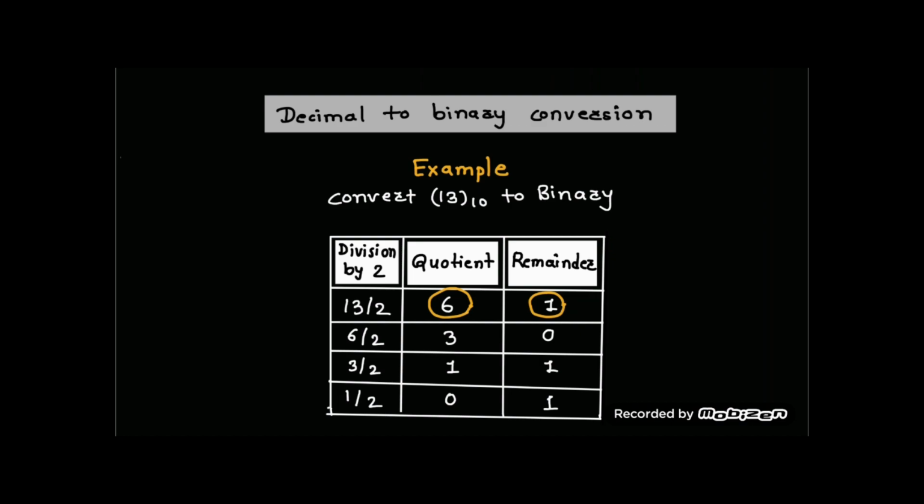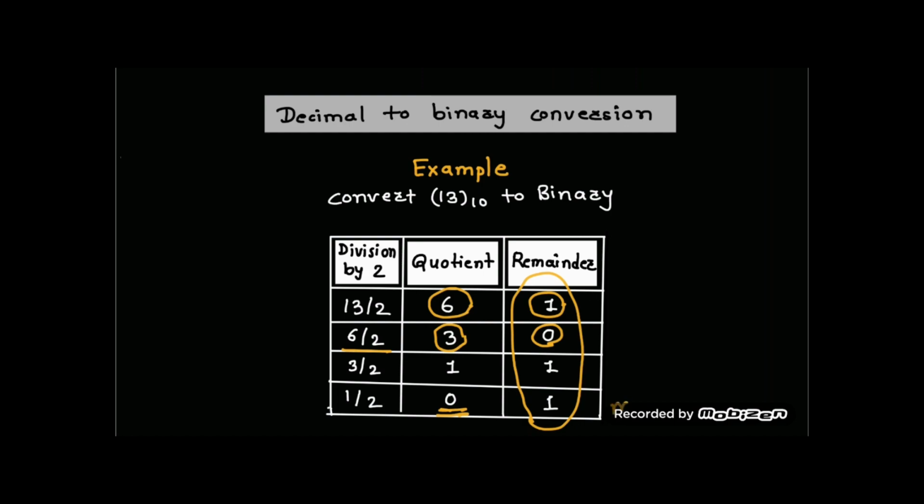Now again, the quotient 6 divided by 2, we got quotient 3 and remainder 0. We will repeat this process until the quotient becomes 0. So here is quotient 0.